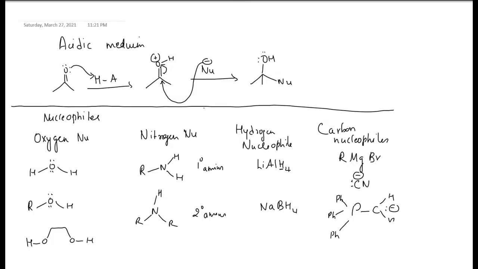So let's put the heading oxygen nucleophiles. First, we'll look at the reaction with water. The overall reaction is that when an aldehyde or a ketone reacts with water, it is a nucleophilic addition reaction, right?